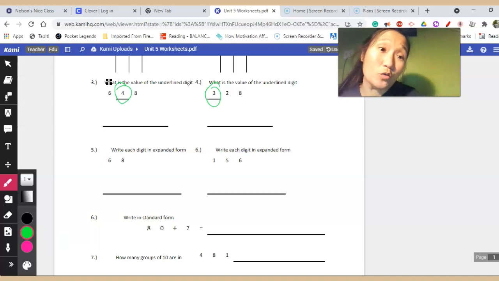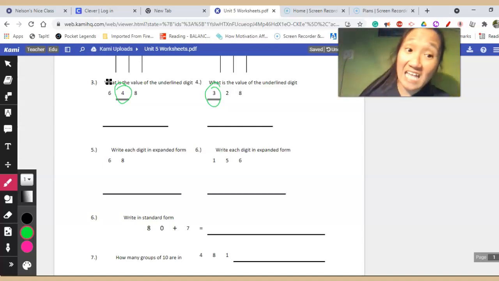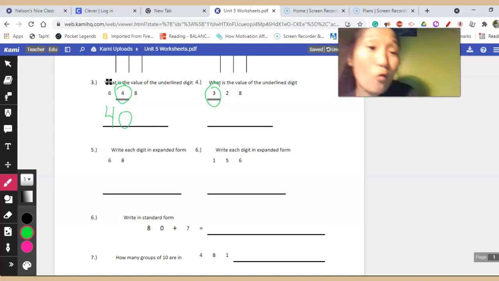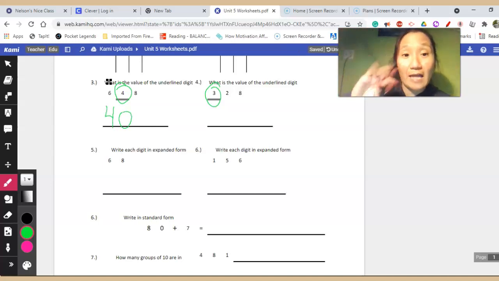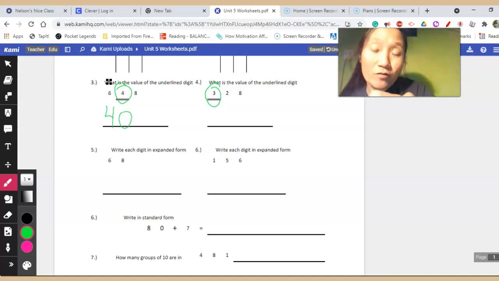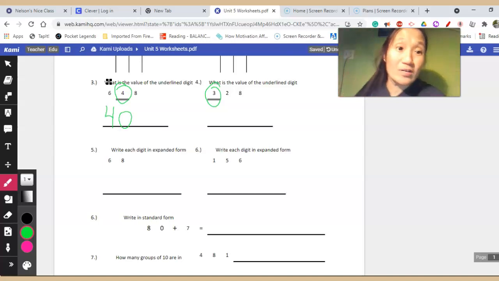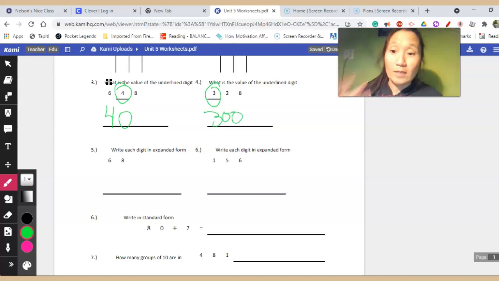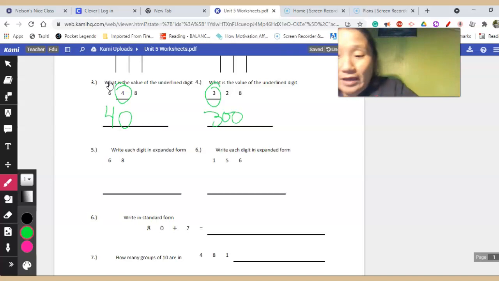That's what value means. How much is it worth? Well, this 4 is sitting in the tens place, so it is worth 40, because it's 4 groups of 10. Okay, this 3 is sitting in the hundreds place value. It's going to be worth 300. Okay, so that's what you do there.